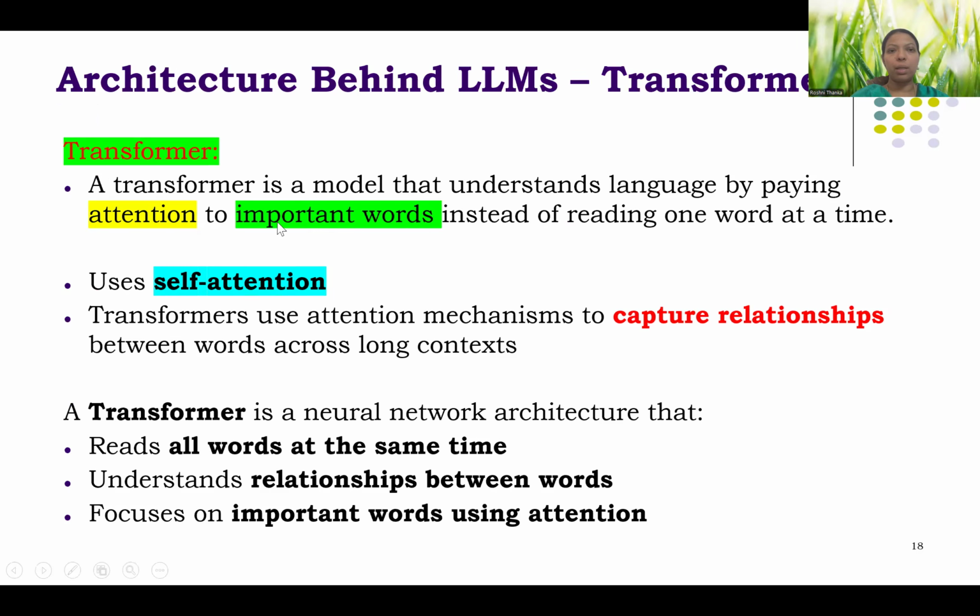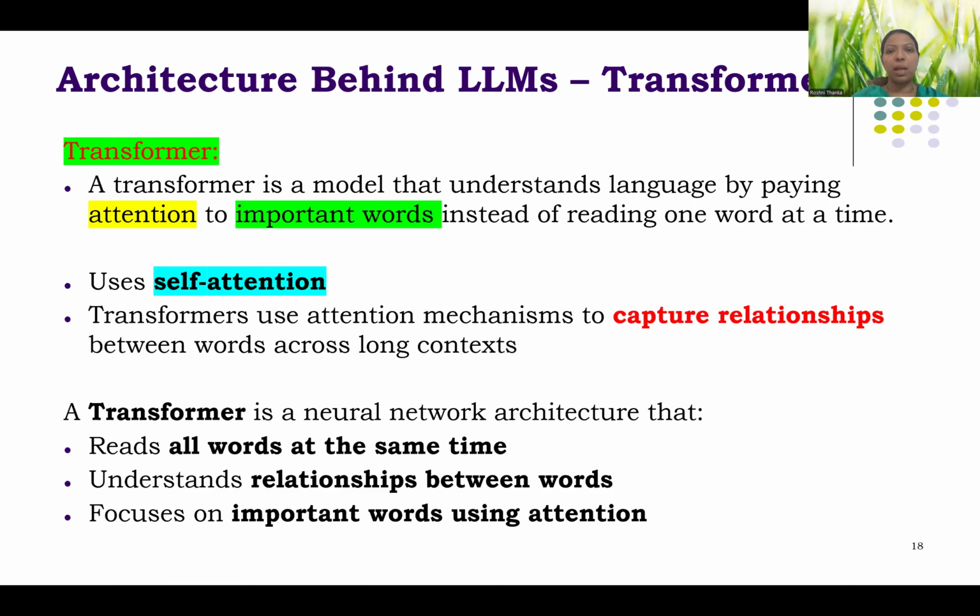This transformer, as I told you, uses a mechanism called attention. Attention means it is able to identify all the important words instead of reading one word at a time, like the previous models such as RNN and LSTM. Attention means it finds the important words. Self-attention means it finds the relationship between the important words.